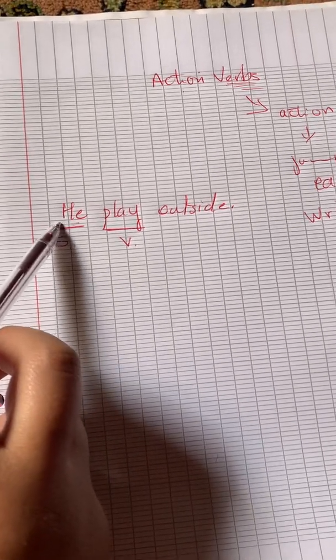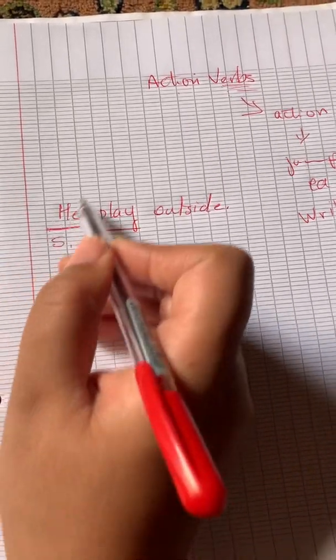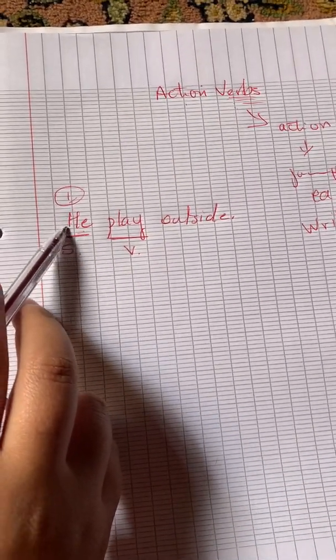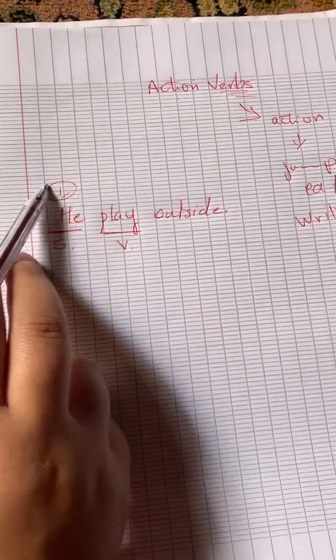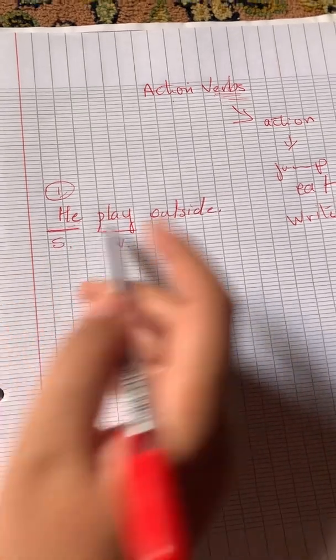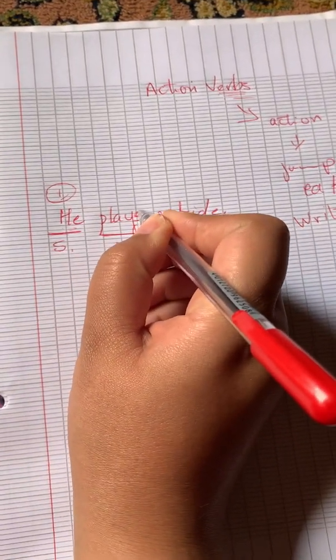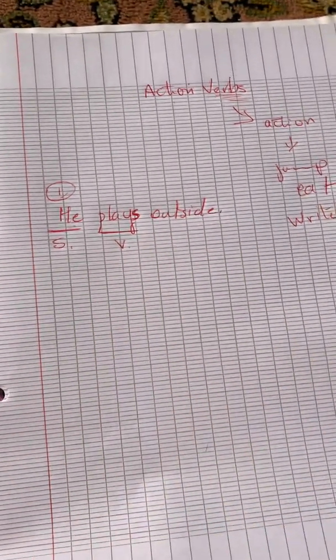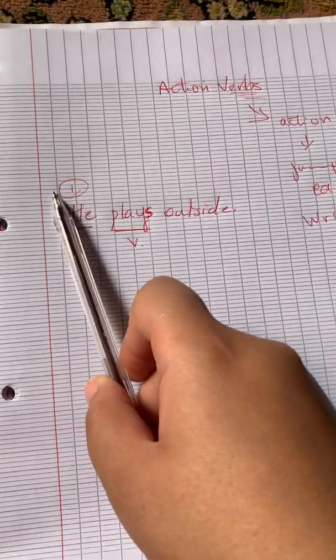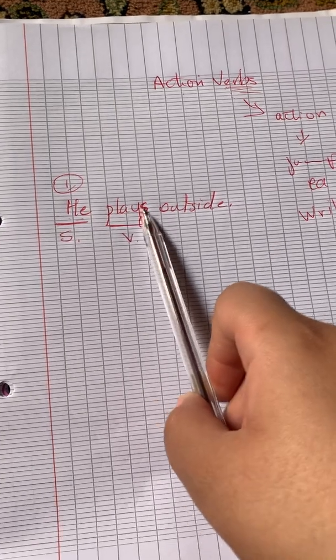Okay, so when I say he, it means I'm talking about one person. It's only he. Okay, when the subject is singular, is only one, always in the present tense the verb should take s. See, it's the opposite. He is one, the verb takes s.